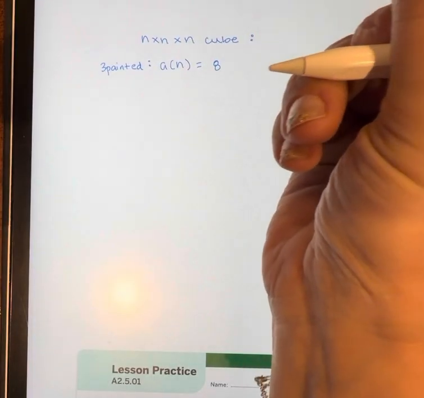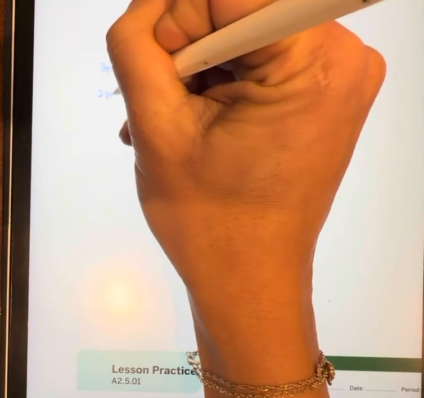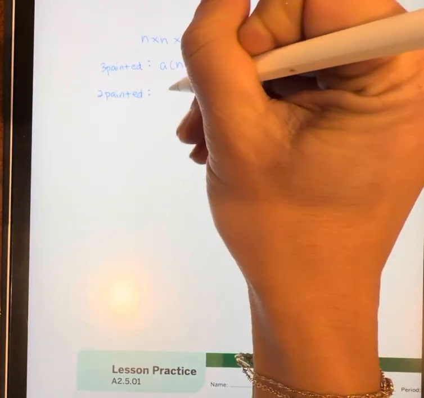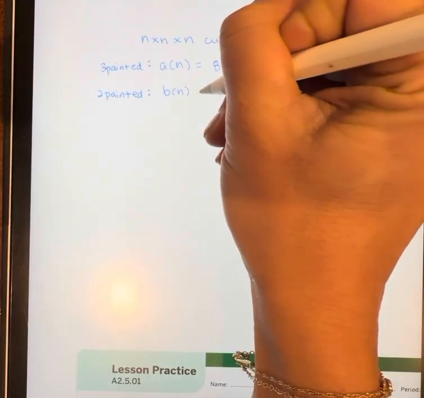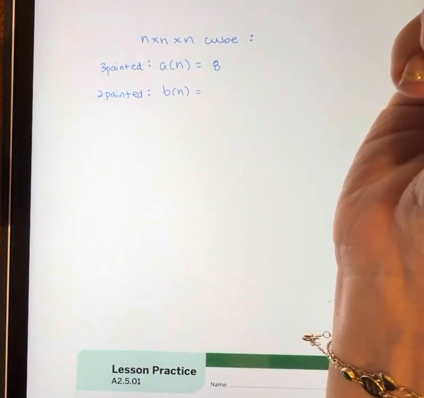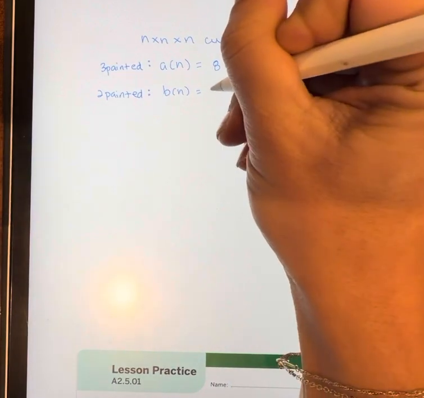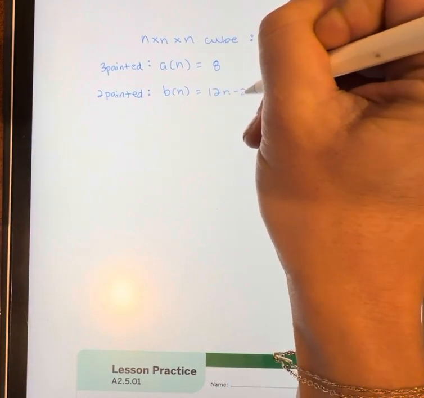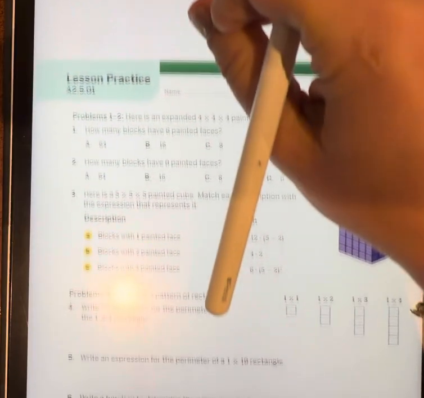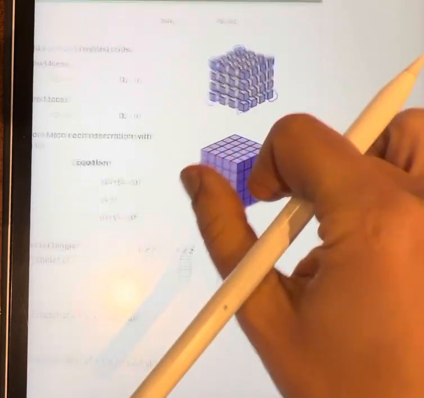Okay? How many had 2 painted faces? That was our B of n. And that one was 12n minus 24. That one was a little bit more complicated, I guess.